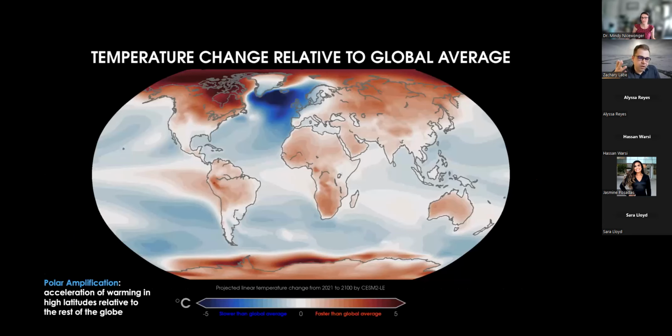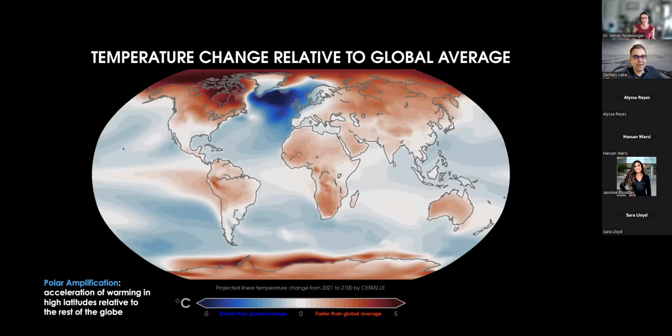So again, when we talk about this amplification word, it's this idea that the Arctic is warming a lot faster than average. This is a bit more technical of a map, but I think it brings everything together. Anywhere that you see red shading means that area is warming faster than the global average. I keep talking about the global average because we often hear about it in the news.